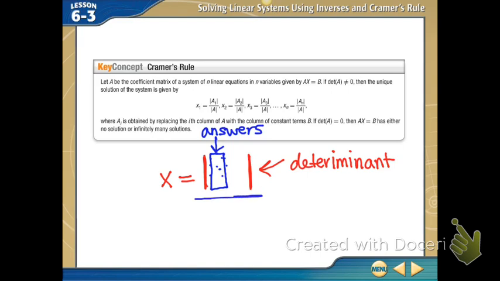That's the numerator. On the bottom, I'm also finding the determinant, but this is just the coefficient matrix. So these are all the coefficients right here. We're going to look at an example of this in just a minute.